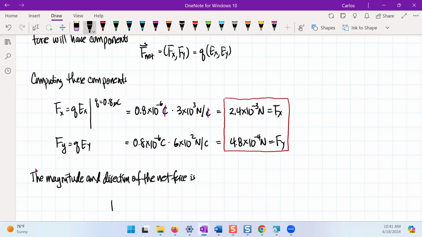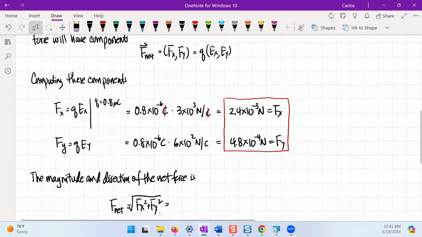I'm going to say that F net has to be the square root of Fx squared plus Fy squared. We have those numbers, so if you plug them in, you should get 2.45 times 10 to the negative 3 newtons.